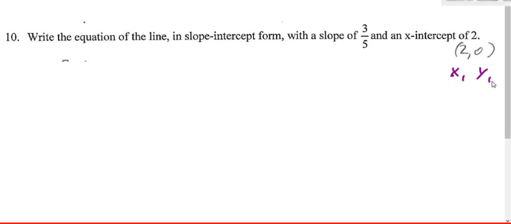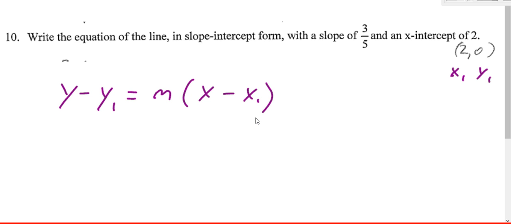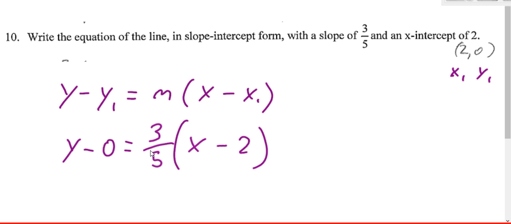We're going to plug those numbers into point slope. Now, plug in m, which is 3/5. Plug in x1, which is 2. Plug in y1, which is 0.